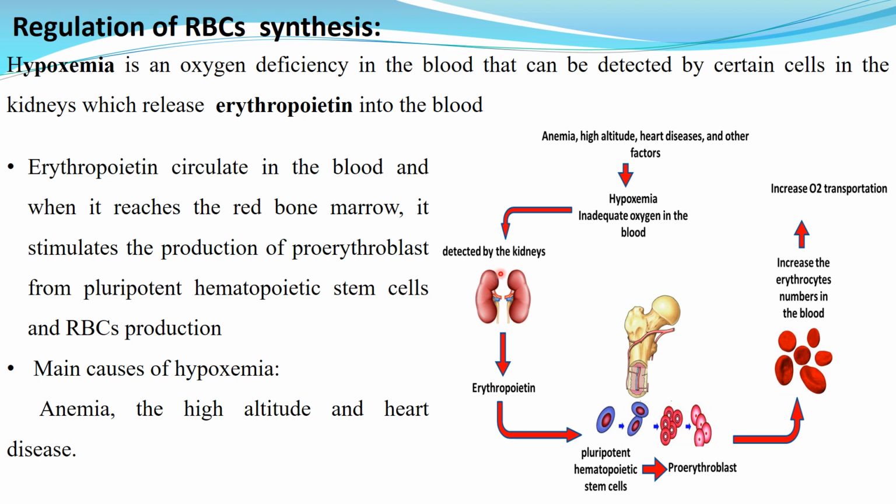They produce a hormone, I think we already mentioned this, which is called erythropoietin. So any reduction, such as having anemia, leads to what? Leads to a reduction in the level of oxygen in the blood.